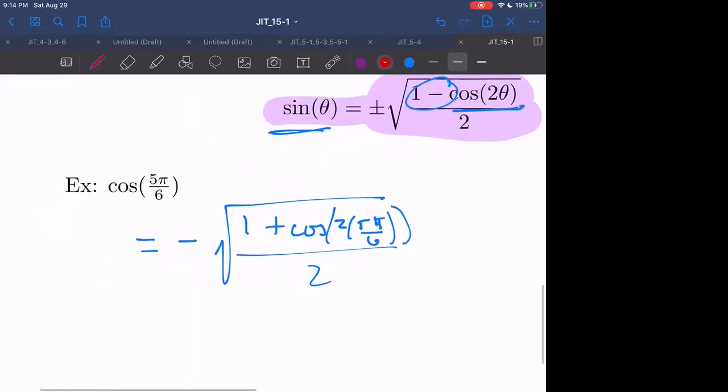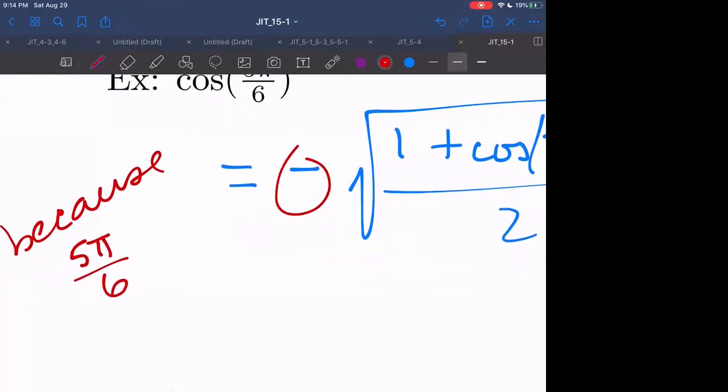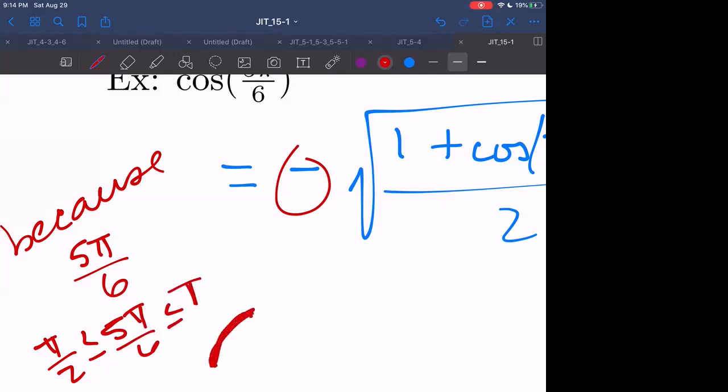Now, we go with the negative because 5 pi over 6 is between pi over 2 and pi, which puts it in that second quadrant where we know that cosine is negative.